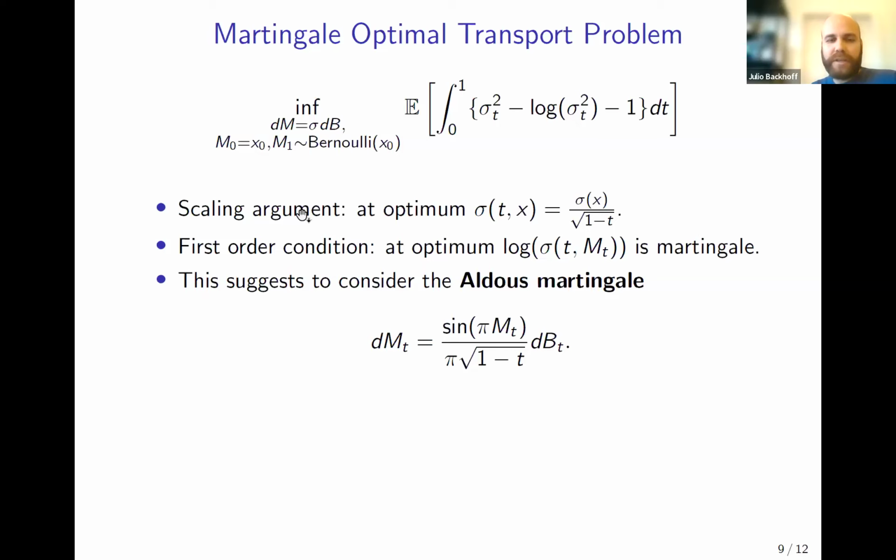It could destroy the argument. However, what you realize is that when you split the problem from time t to time 1, and at time t you find yourself at the point x, then you know the distribution at time 1, because you have to be supported on 0 and 1 exactly. So you have to be a Bernoulli centered at x. So the distributional constraint sort of updates itself automatically. You don't need to keep track of it, or you don't need to estimate it.